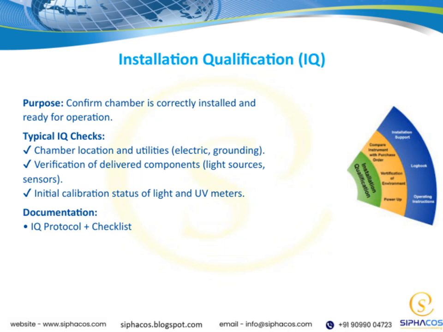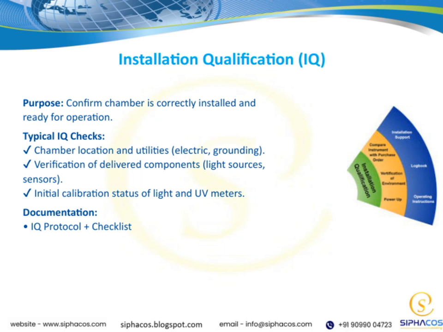We also verify that all delivered components, such as light sources and sensors, are present and correctly installed. Additionally, initial calibration status of light and UV meters is reviewed. This helps us ensure that these measurement devices are accurate from the start, which is critical for the quality and consistency of your processes.